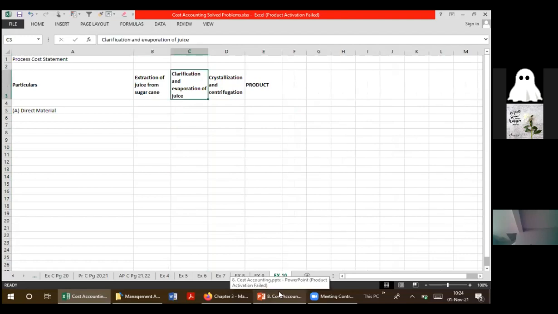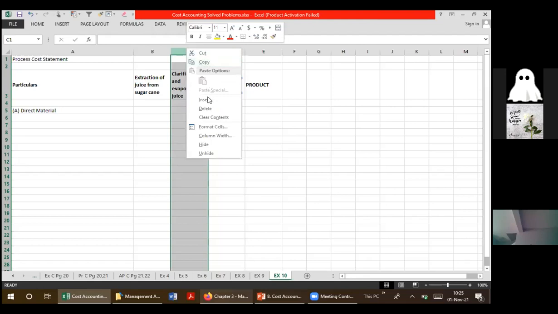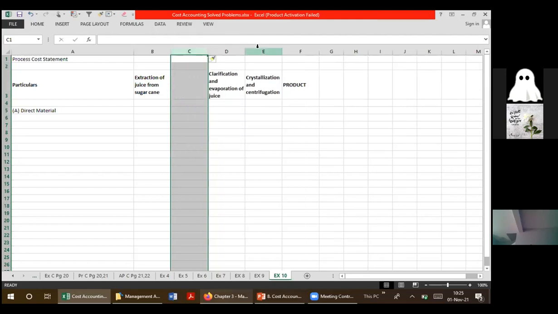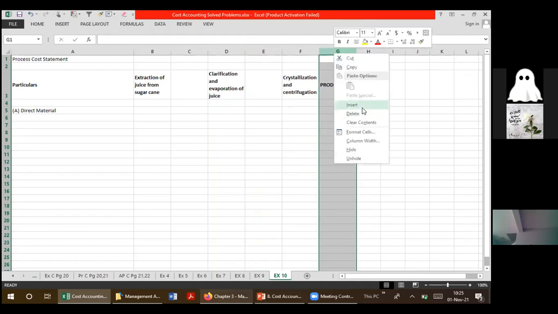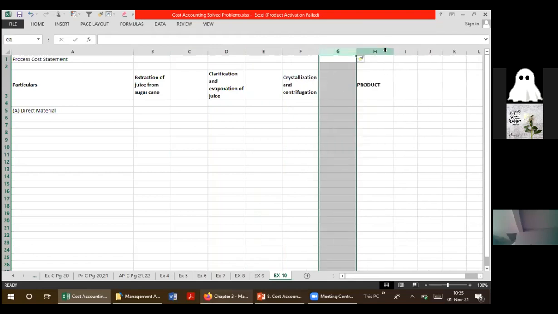The cost statement for every process, and then we should also make a unit wise statement. What is the per unit cost? If somebody was making a unit statement separately, that is also okay. Or you can just make a column for unit right next to the product.